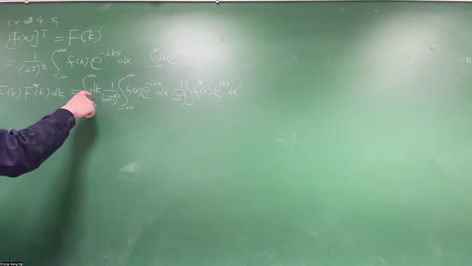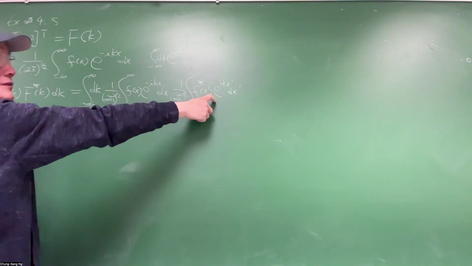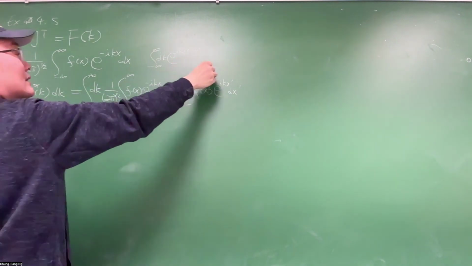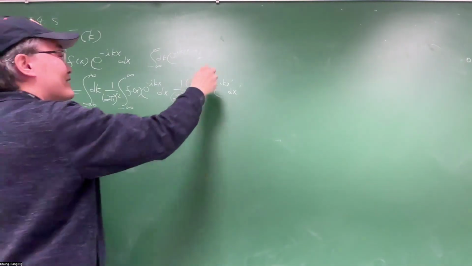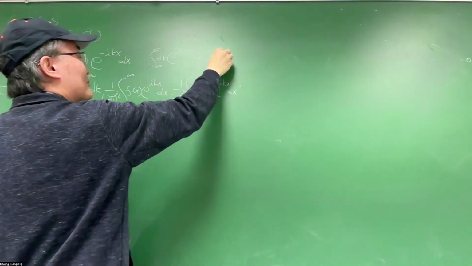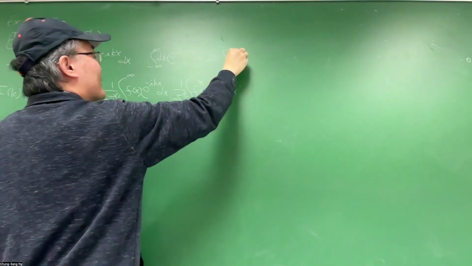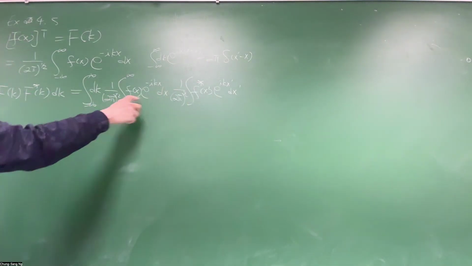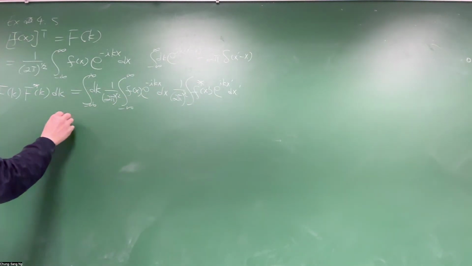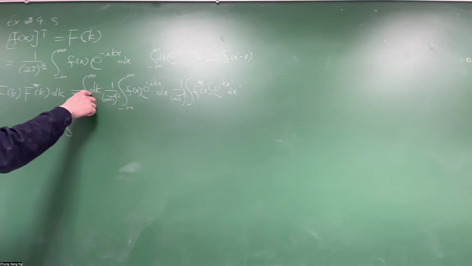That's combining all the k dependencies. And you know this one, I asked so many times. It's a delta function, with a 2 pi factor: 2 pi delta of x prime minus x. And then this 2 pi cancels with the 2 pi factor. Altogether that gets rid of k.